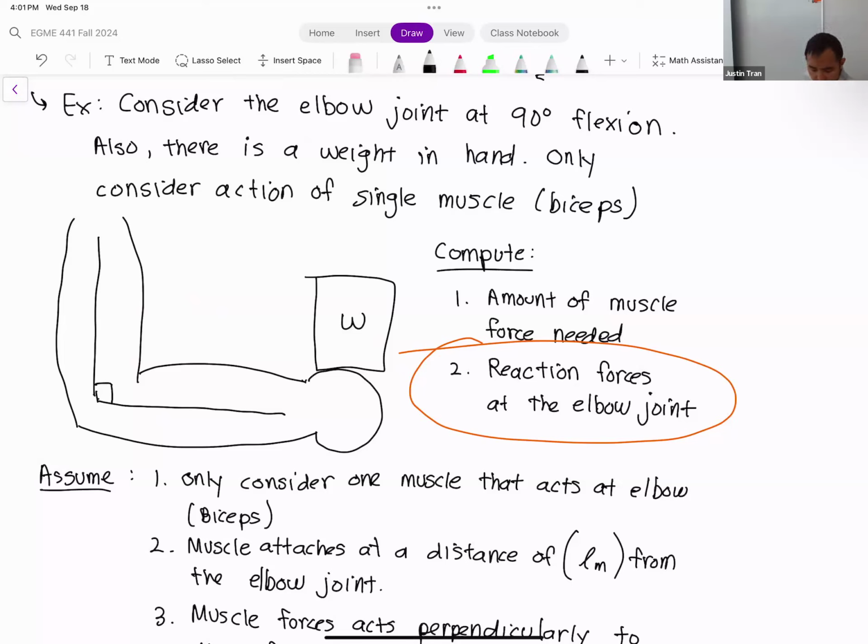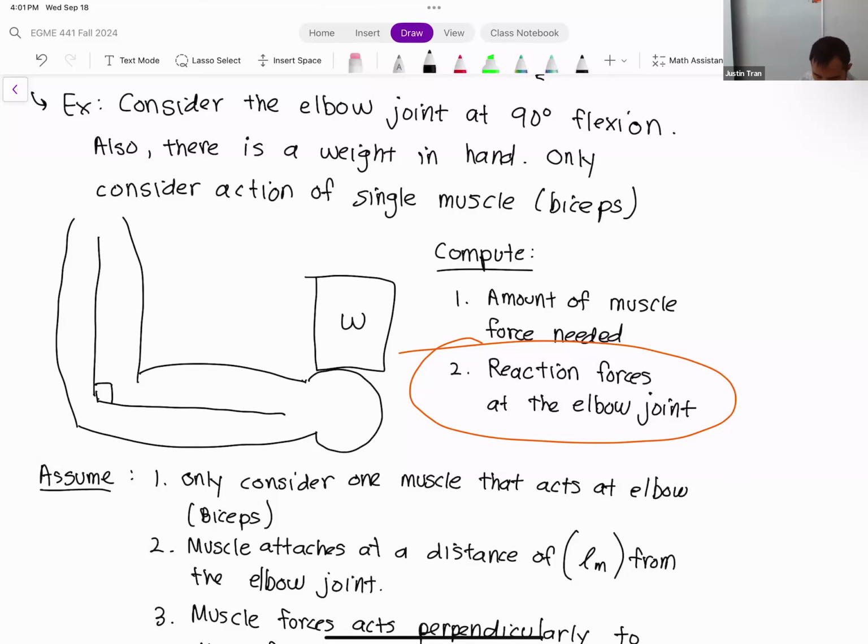Here we have a pretty typical situation of a person holding a weight in his hand with his elbow flexed at a 90-degree angle. What we're interested in computing is, first, how much muscle force is required to maintain this position, and two, what are the reaction forces at the joints that result as part of this.